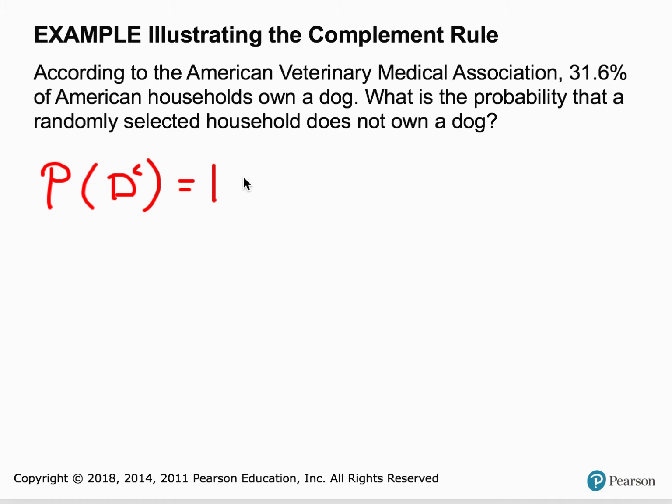That's 1 minus the probability that they do own a dog. And let's change this to our decimal. So it's just 1 minus the percent of people that do own a dog. 1 minus 0.316, 0.684. It's as simple as that. Okay, so not. Complement means not.